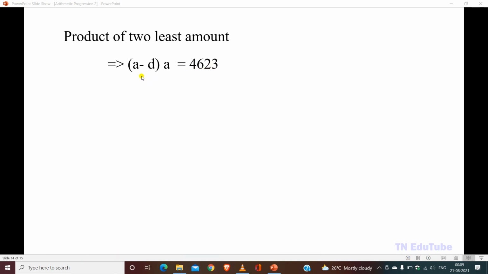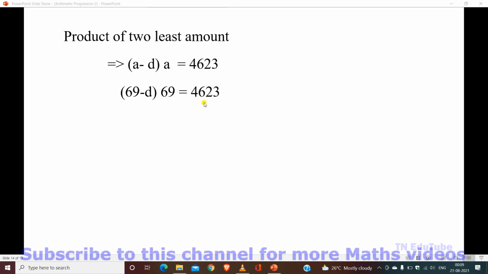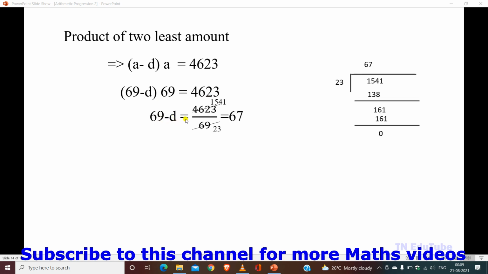4,623. It is given. You substitute the value of a. a is 69. So (69 minus d) into 69 is 4,623. You take 69 to the right hand side. So 69 minus d is equal to 4623 by 69.